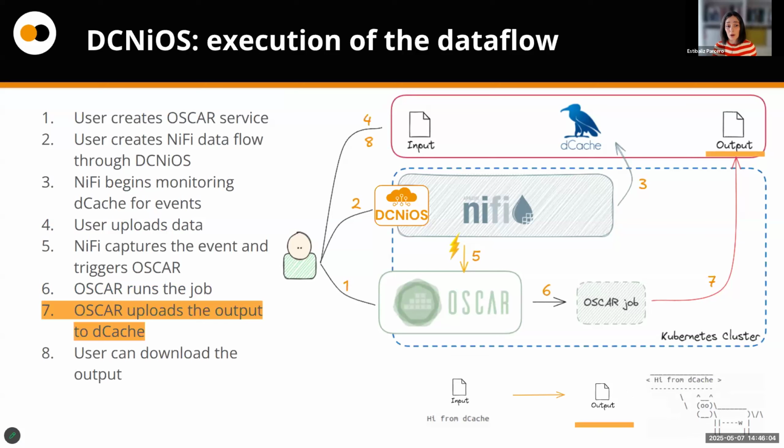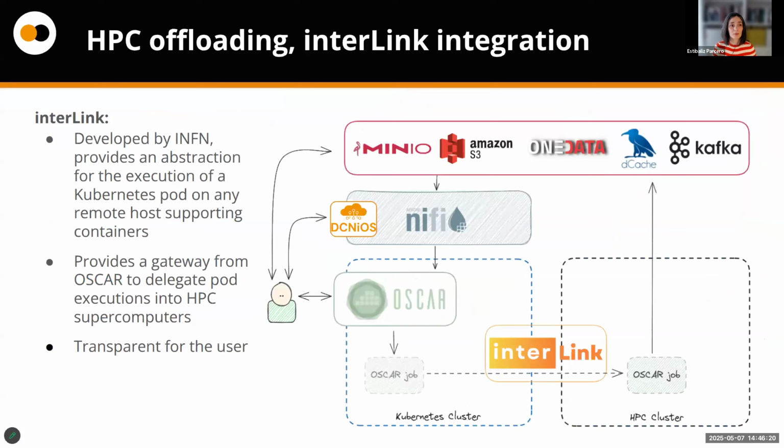So then OSCAR uploads the output to the cache, and in this case is a simple service that is going to format the text that receives, and the user can download the output.